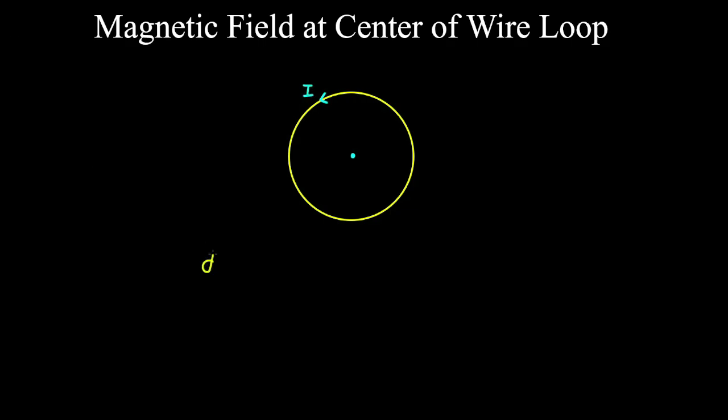So recall the Biot-Savart law and the differential magnetic field being equal to the magnetic permeability on 4 pi by the current by the differential length along the wire cross r hat, which is a radial vector from this point to the point where we're determining the magnetic field, normalized by its magnitude. And that's divided by r squared.